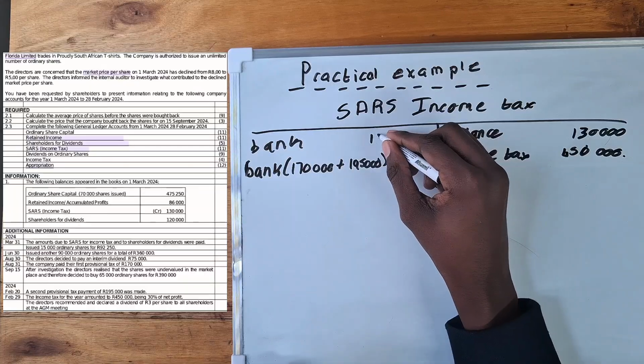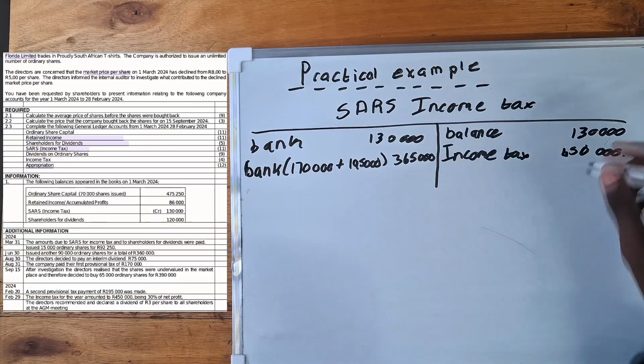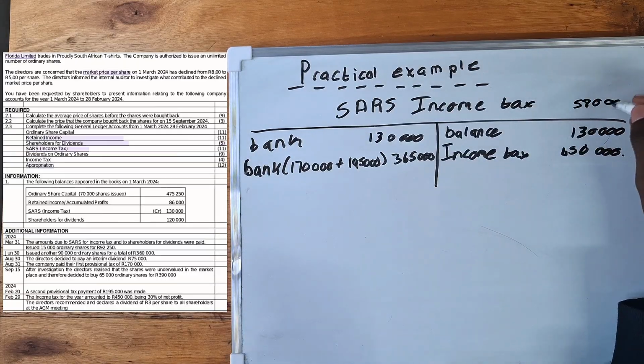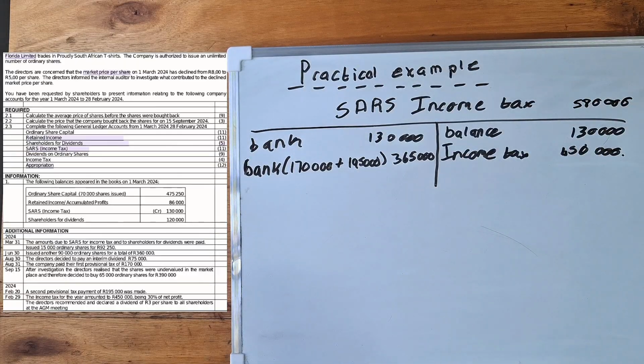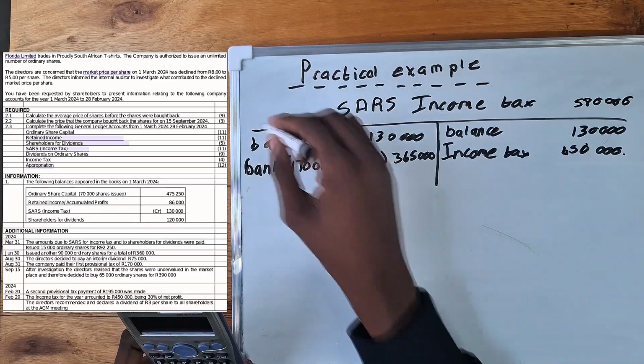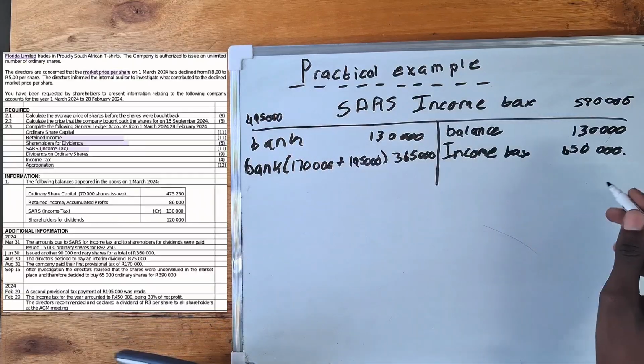So 130,000 plus 450,000 will give us 580,000 on this side, right? Just write it on the side, okay? And on this side, 130,000 plus 365,000 will give us 495,000. So it is clear that this side is the bigger side.